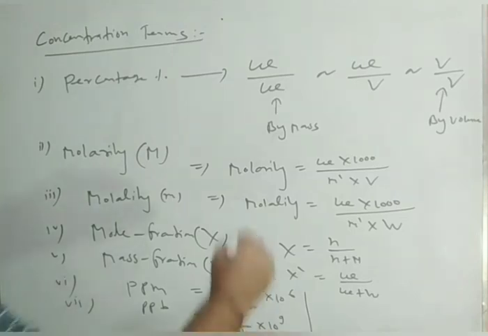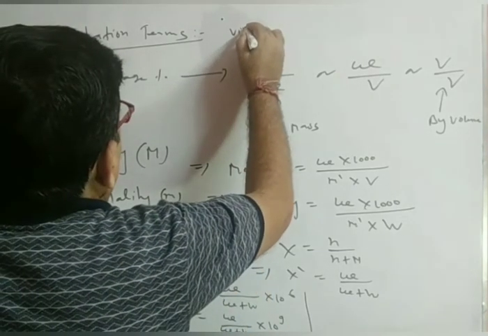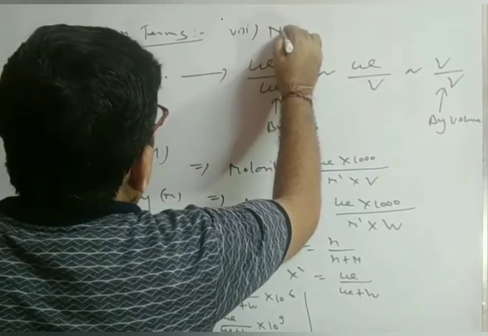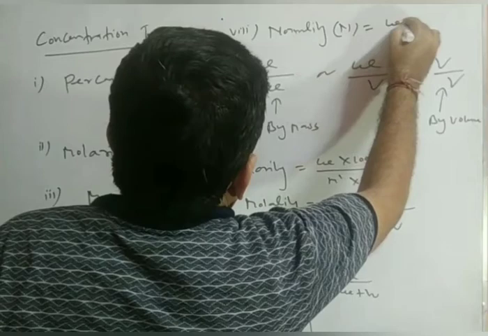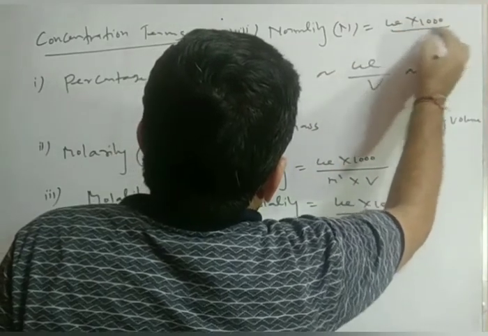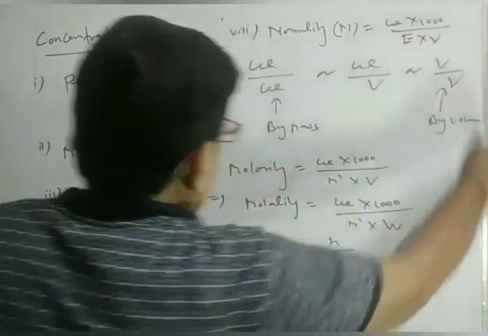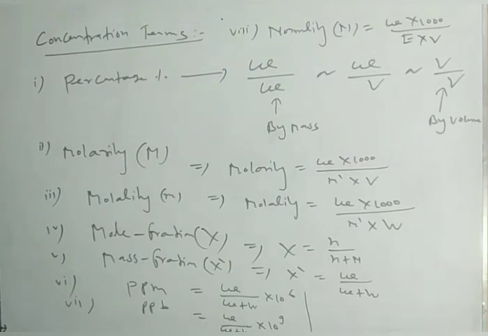And next you can write what? Normality, W into 1000 by E into V. So there are several ways to express the concentration of solution.